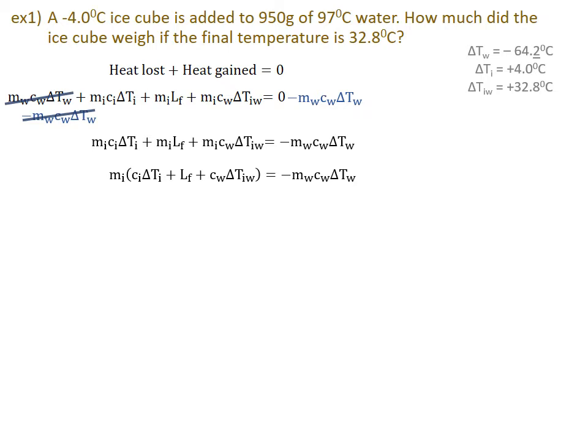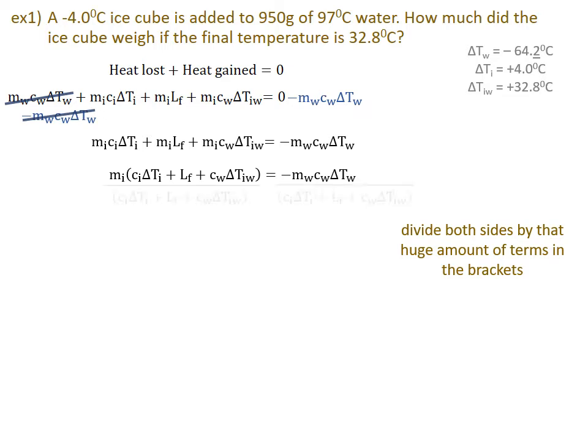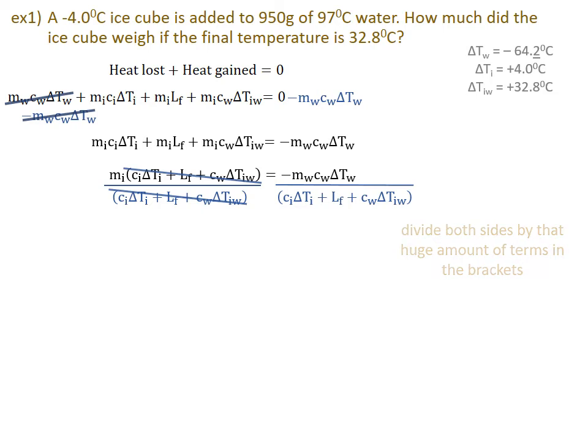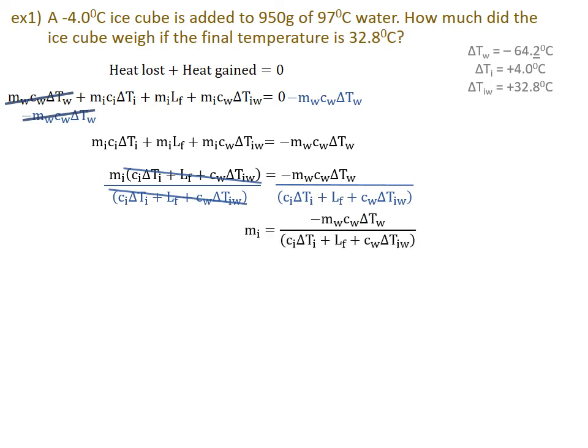Now to get MI by itself, I am going to divide both sides by that huge amount of terms in the brackets. So on the left-hand side, CI delta TI plus LF plus CW delta TIW will factor out. MI is all by itself, and it's equal to all that stuff we now see on the right-hand side.